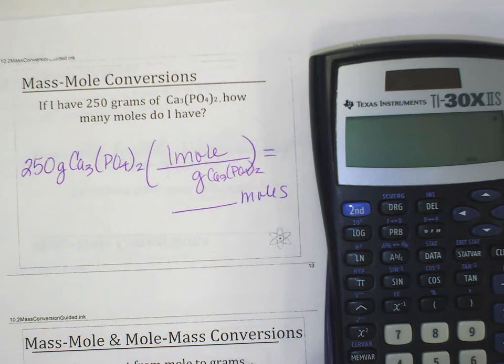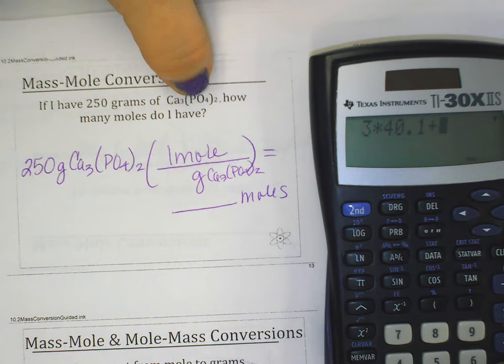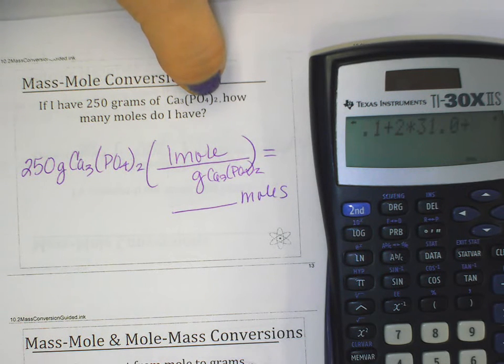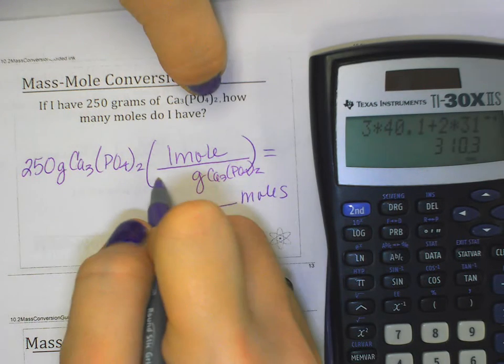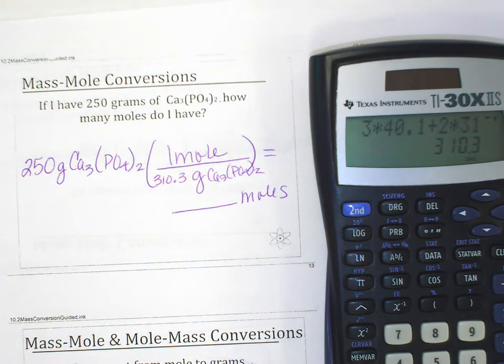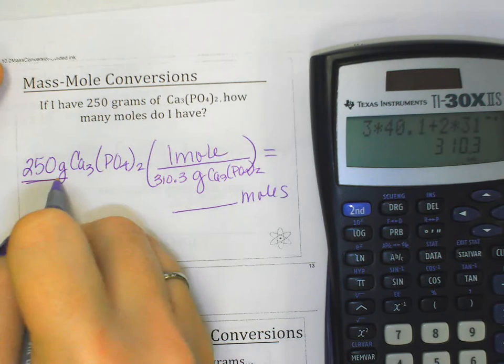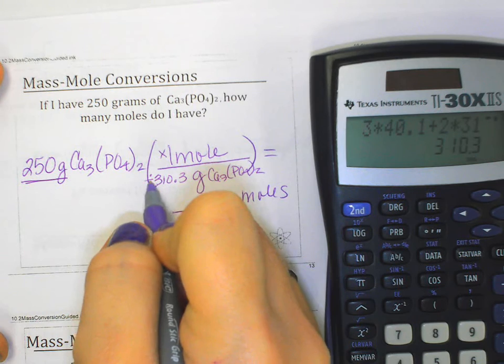molar masses. So I've got 3 calcium, so I'm going to do 3 times 40.1. This is 2 phosphoruses, so 2 times 31.0. And that's going to give me 8 oxygens, so plus 8 times 16.0. So my molar mass of calcium phosphate is 310.3. To solve that problem, I take my known times top divided by the bottom.